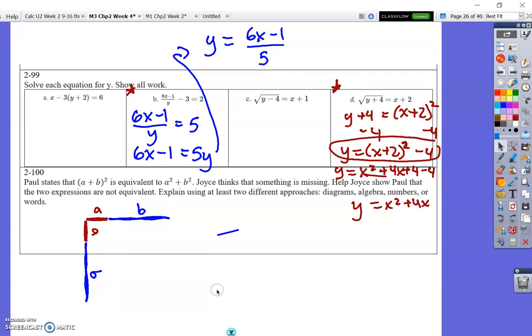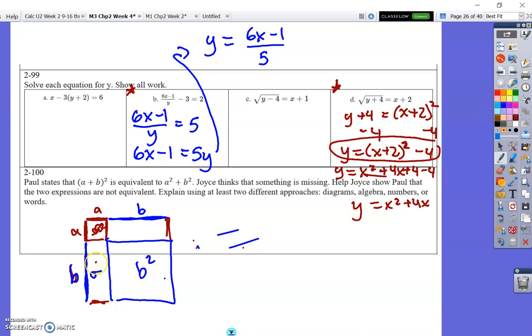And so what I'd end up with, going back to red, is a squared here. And going to blue, I'd have b squared down here. This is a squared, because this is a and this is b out here. But I would have these two shapes here, where this is ab and this is ab. So I'd have these two middle shapes that I need to put on.